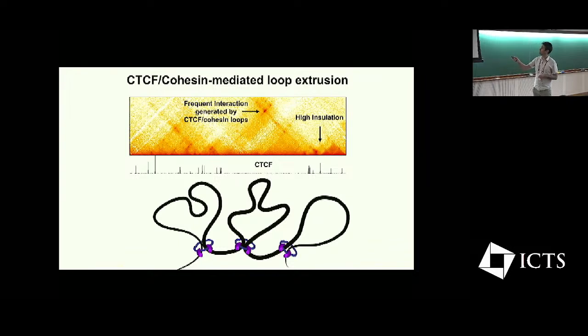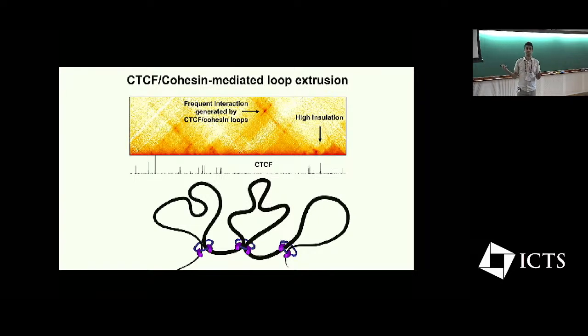That corner over there, that strong signal represents a strong frequent interaction between the two anchors of where CTCF binds. And the bases of these triangles, that's where each anchor is, and they represent regions of high insulation where interactions occur more seldomly across where CTCF binds because of the formation of these loops and formation of insulation.